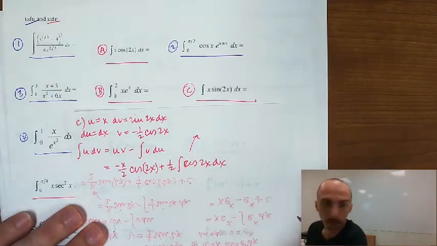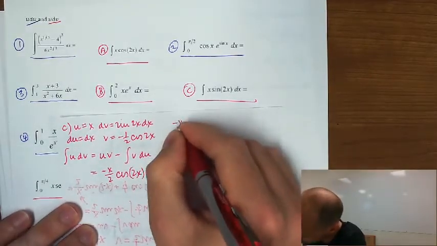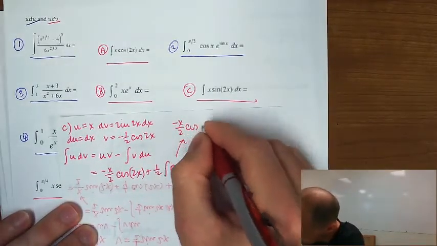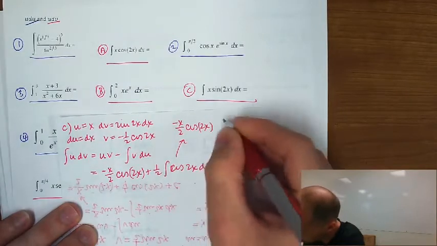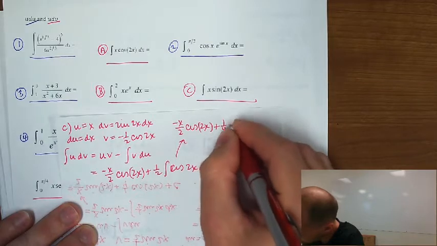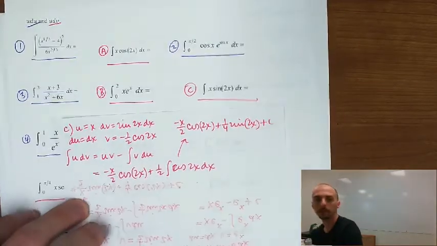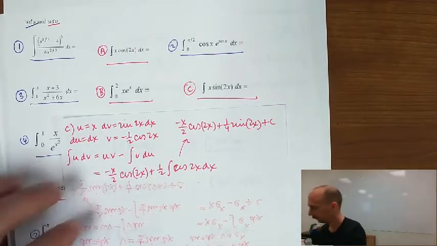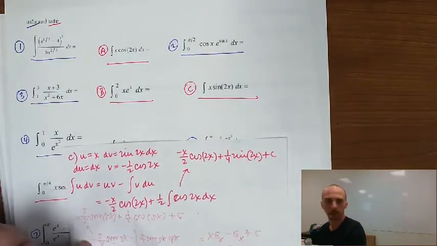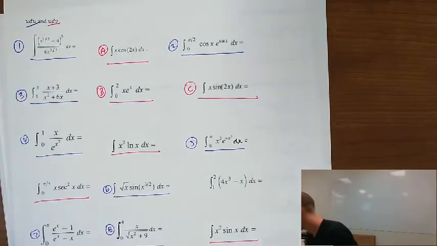So I'll have negative x divided by 2 multiplied by cosine of 2x plus 1/4 of the sine of 2x plus c. Anybody's still looking at that?